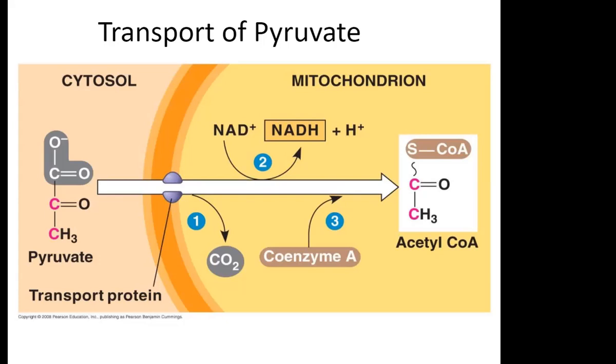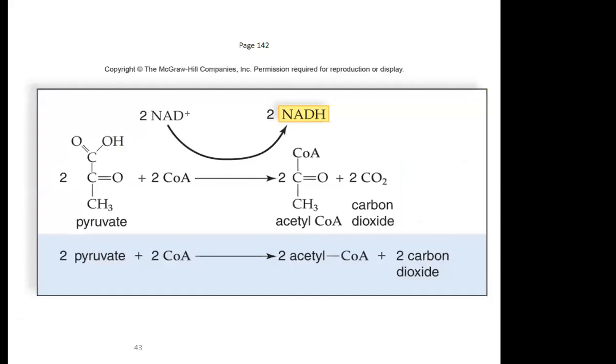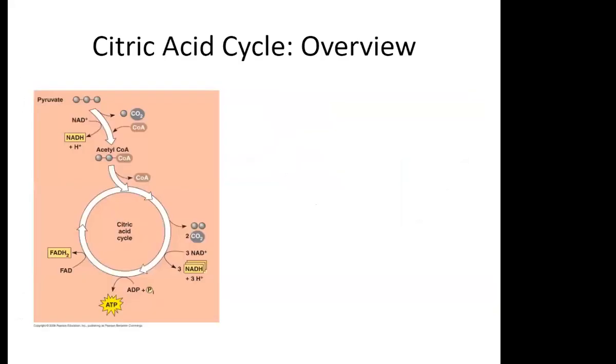What have we seen when we phosphorylate things? Destabilizes. Does that make it more or less reactive? More reactive. So if you're looking at this process, acetyl-CoA is energized just enough to join into the cyclical part of the citric acid cycle.